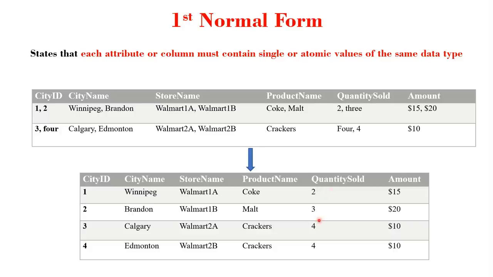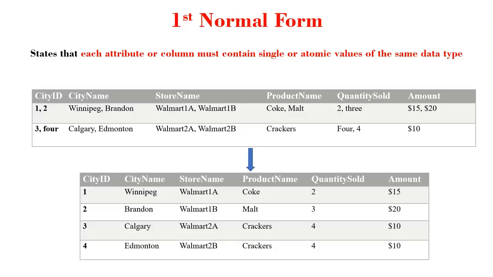So you have 2, 3, and then the next row we have 4 and 4. I've also done the same thing for the amount column. So what we have done now is we have separated the data in this table into multiple rows, and this table satisfies the first normal form.